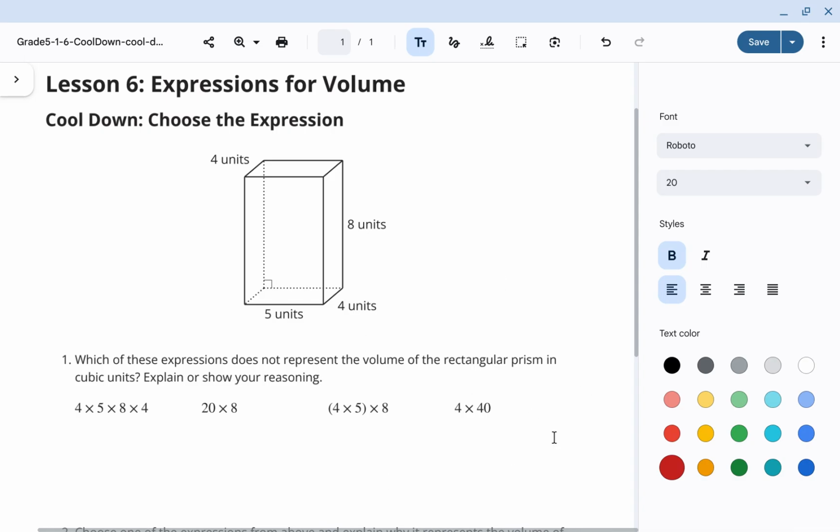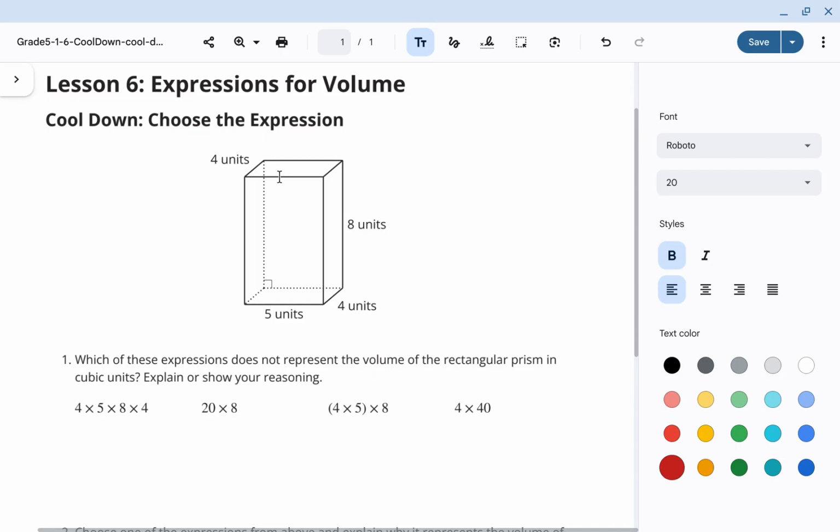Let's actually start all the way down here with our 4 times 40. As we take a look at this prism, can we see 4 layers of 40 cubes somewhere? That's what I'm examining to determine. Well, I see that I have a length of 5 and a height of 8.